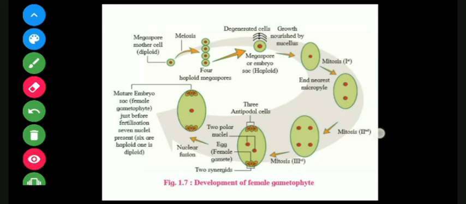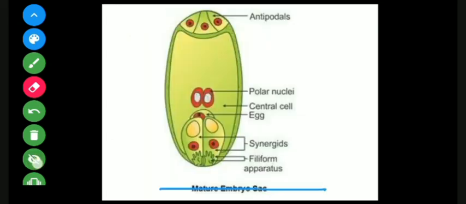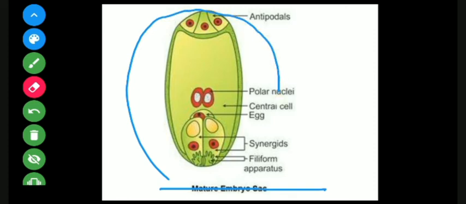Now the next part is the last part. This is actually the mature embryo sac. I've told you that the 3 cells towards the chalazal end are called antipodals. Remember their main function: the antipodals, at a later stage, will degenerate. Why do they degenerate?